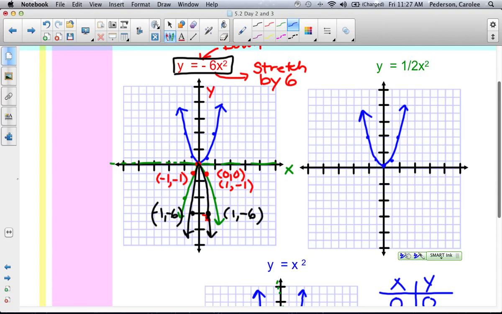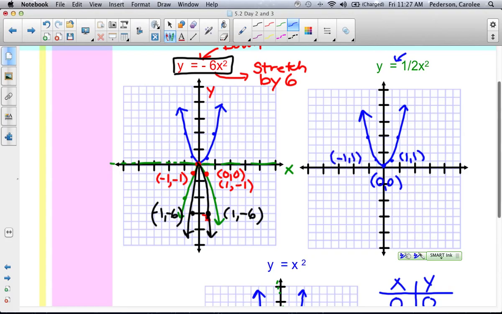And this parabola is going to open up because it is a positive a. There's a positive in front of here. I don't have to worry about any reflections because it is opening up. Now, we had those same critical points, 0, 0, and then we have point 1, 1, and -1, 1.